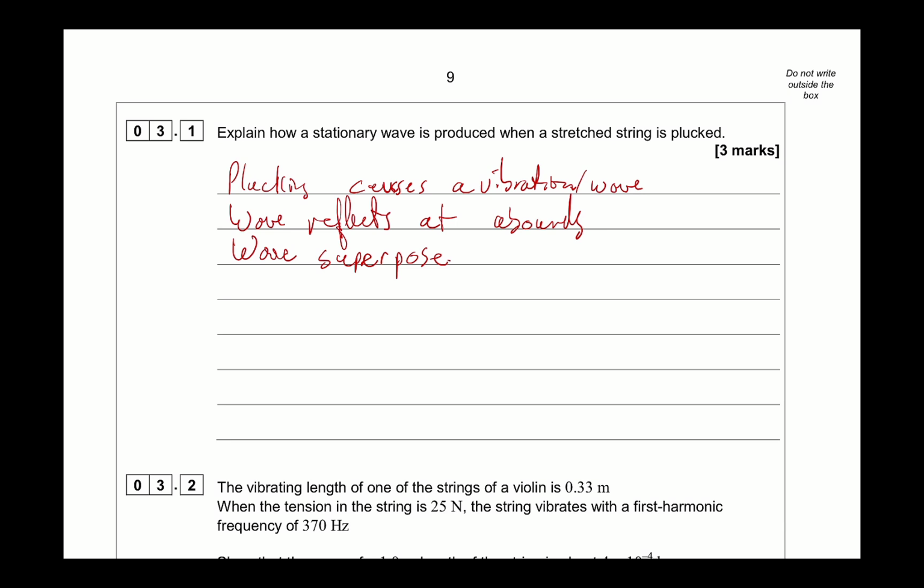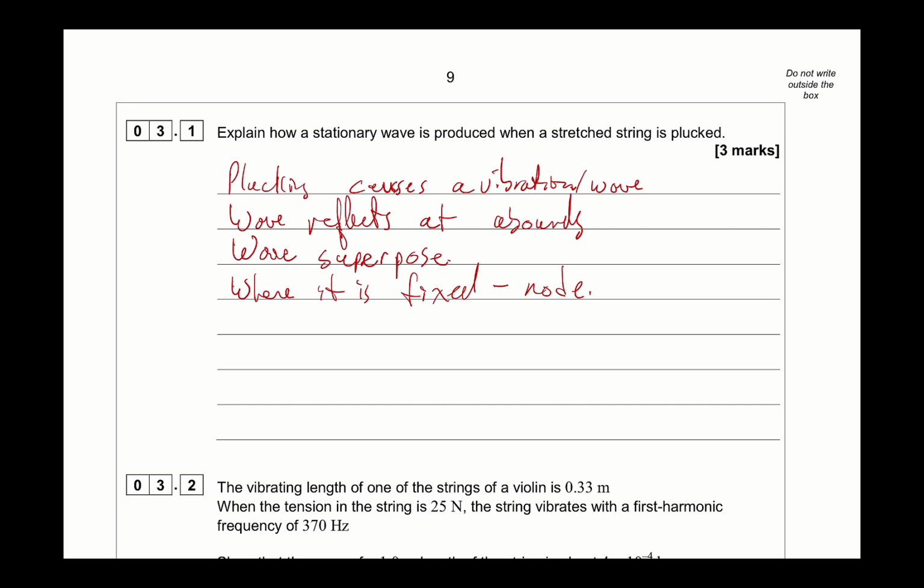Okay, so here you know that where it's fixed, that's a node. Okay, because they cannot move. Okay, and it will vibrate and create a standing wave in this case. So you'll have constructive interference.